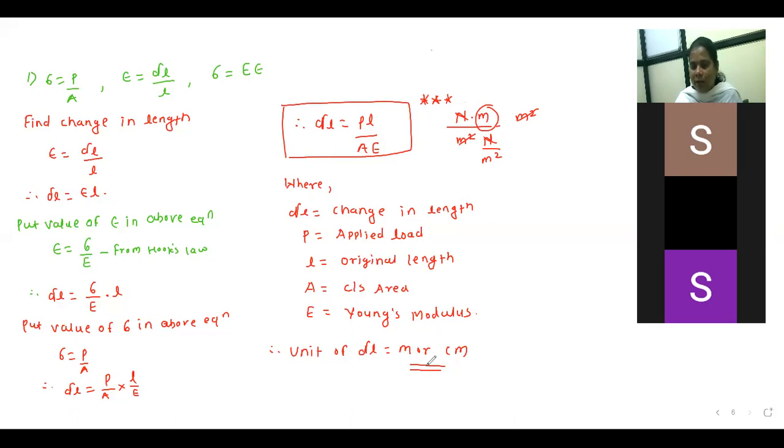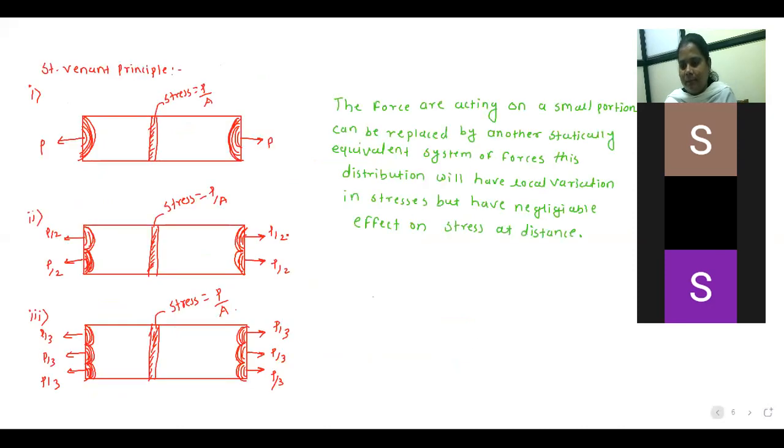Okay, please write down this. If you have doubt, ask me. Otherwise, please write down. You have written that part? Yes, ma'am. Okay, by mistake I have cleared that, that's why I am asking.